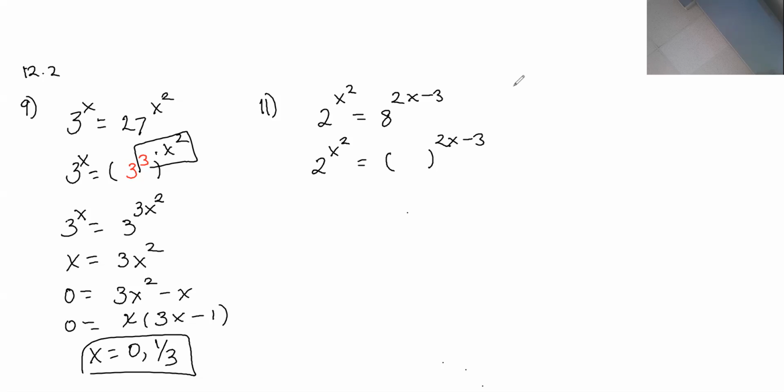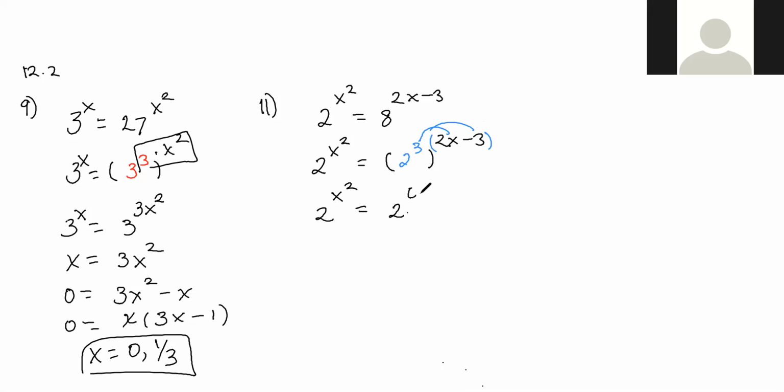And what is 8 going to become? 2 to what power? 2 to the third. And then a power to a power I multiply, which means I will have to distribute. And so I get 2 raised to the x squared equals 2 raised to what power? 6x minus 9. 6x minus 9 is correct.